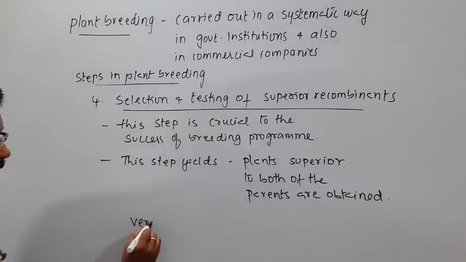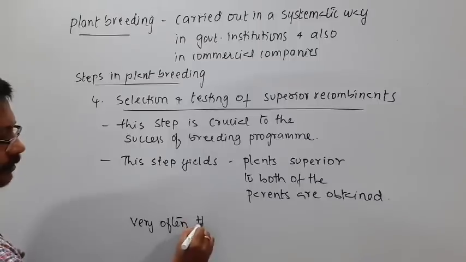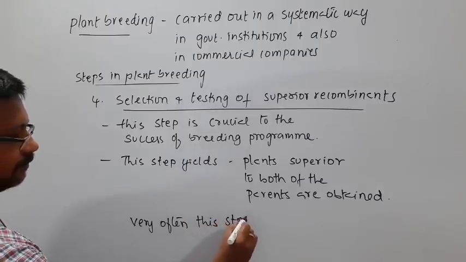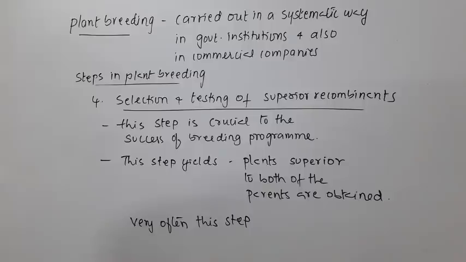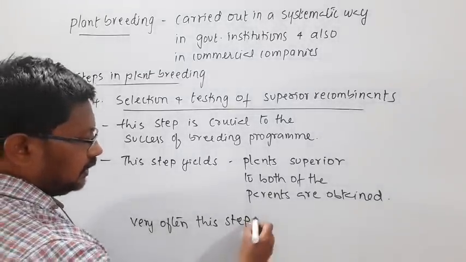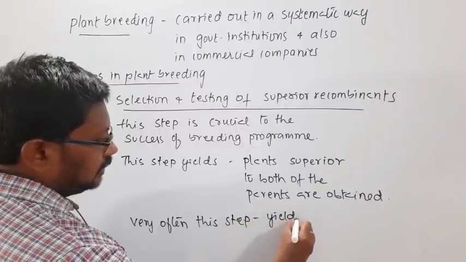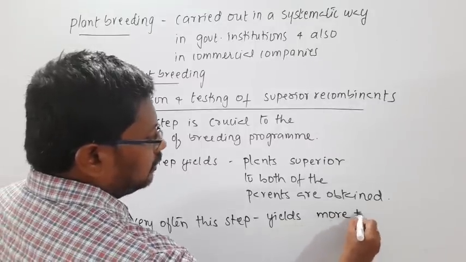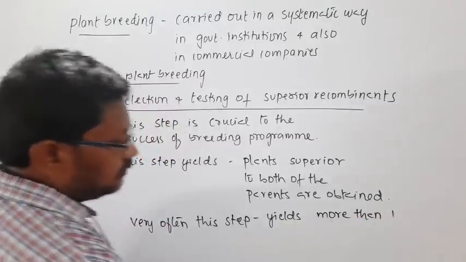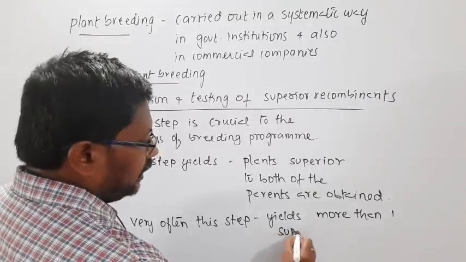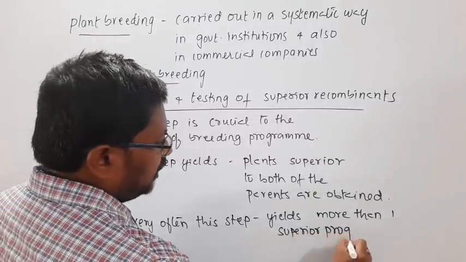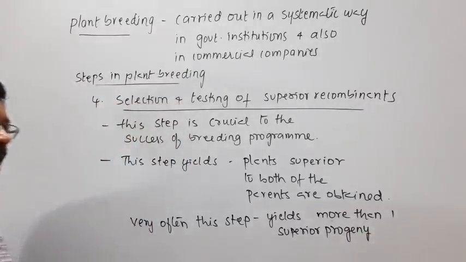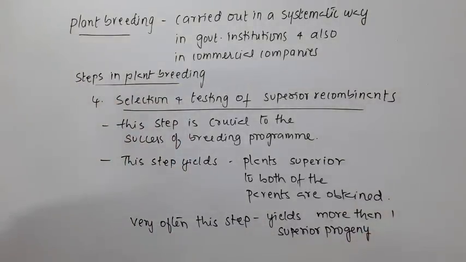Very often this step will yield more than one superior progeny, which means we get many superior progeny with different combinations of characters.